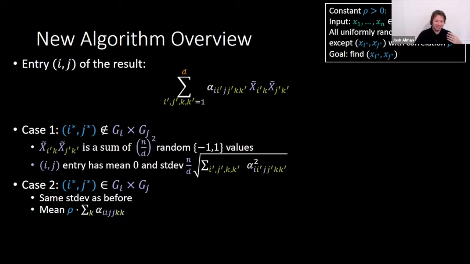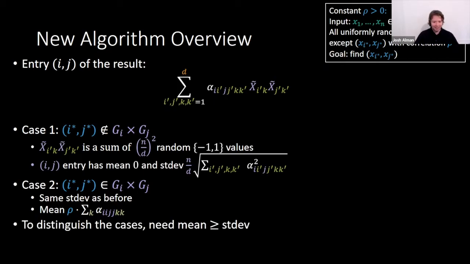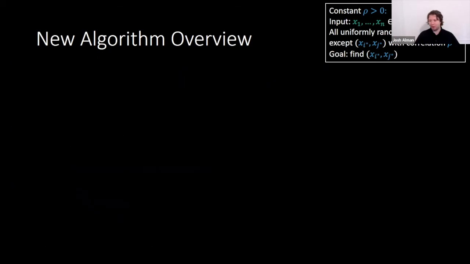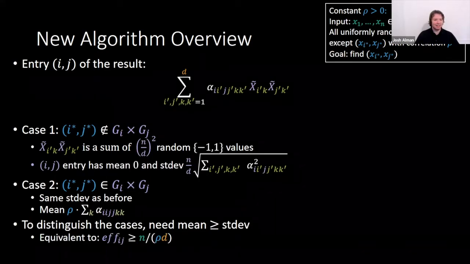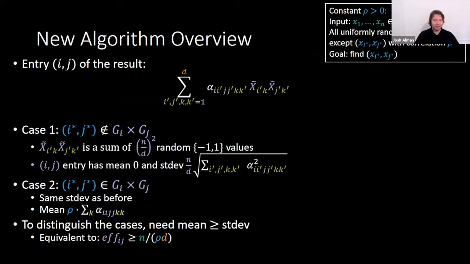So to distinguish the two cases, just like before, we roughly speaking need the mean to be more than the standard deviation. When you take the ratio of these, this is exactly saying that the ij efficacy of the tensor is big enough. The numerator is what was in the efficacy definition, and this is the denominator of what was in the efficacy definition.